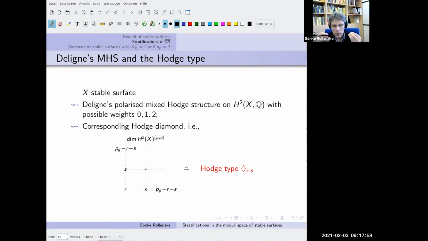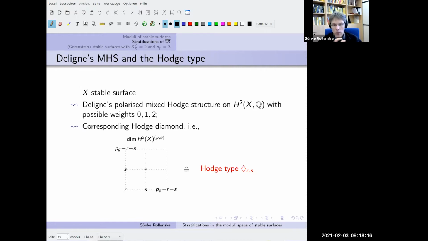So actually, yesterday Colleen talked about the limiting mixed Hodge structure, and I'm using Deligne's mixed Hodge structure. So there's no degeneration here. There's no family. I have no limiting mixed Hodge structure.